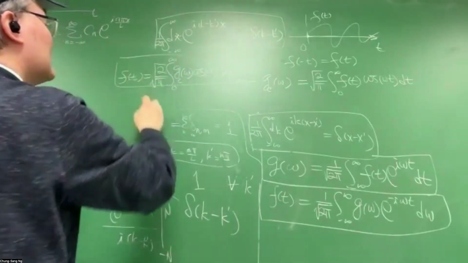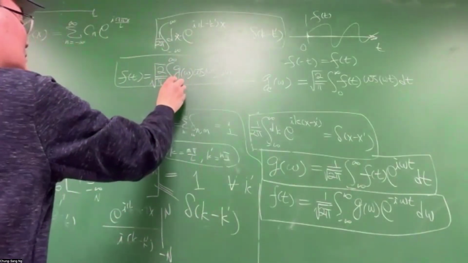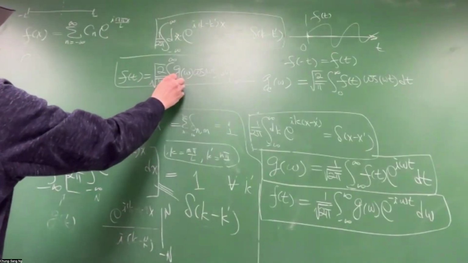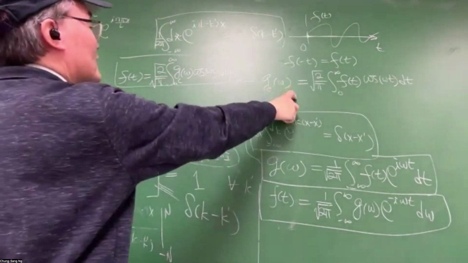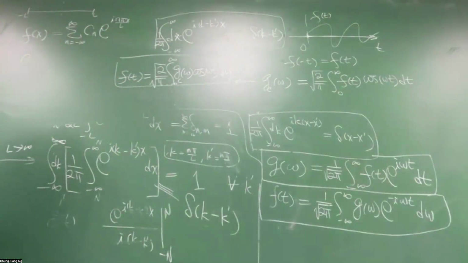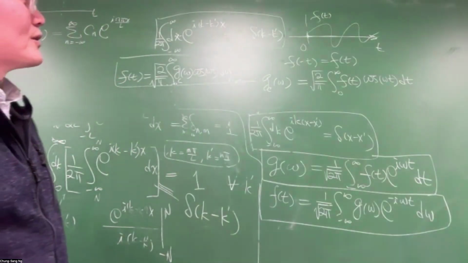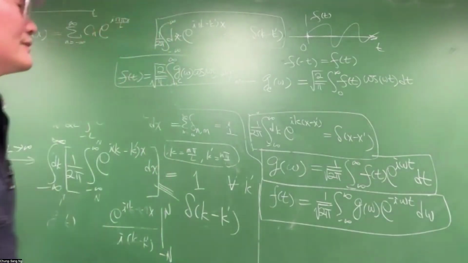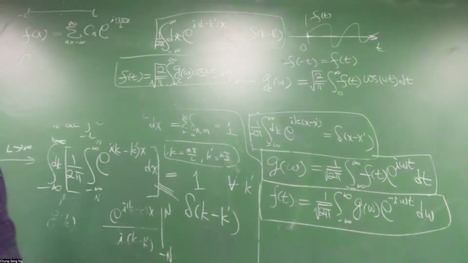This is the inverse transform. Okay, so this is the Fourier cosine transform. This is the inverse Fourier cosine transform. Right, so that's straightforward.